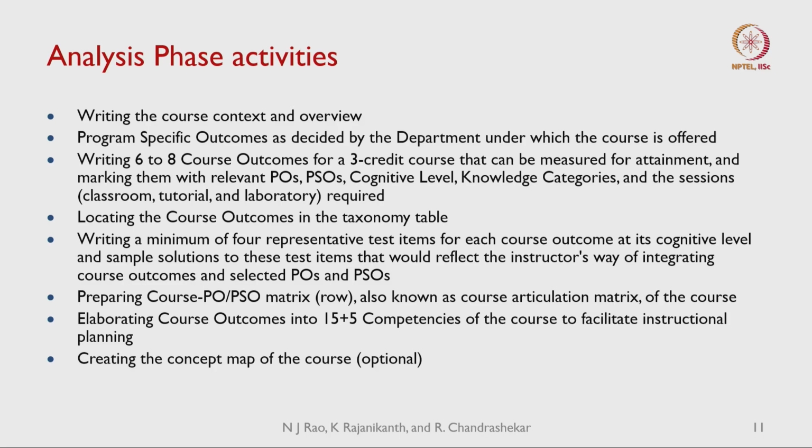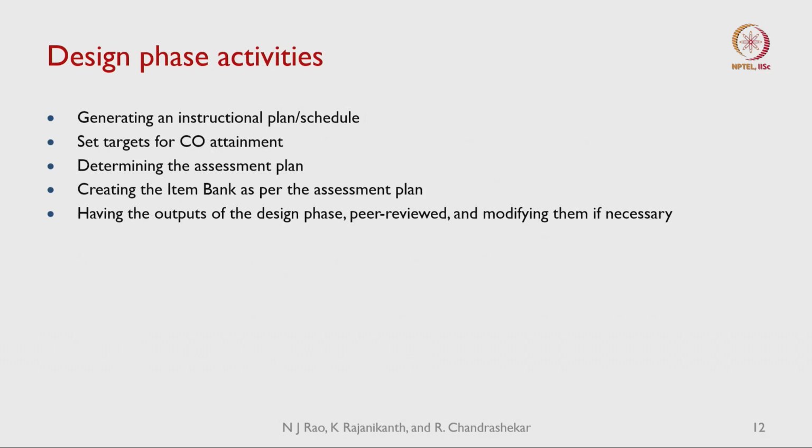Some of the activities that happen in the analysis phase are writing the course context and overview and program specific outcomes as decided by the department, etc. These are the activities that will happen during the analysis phase.